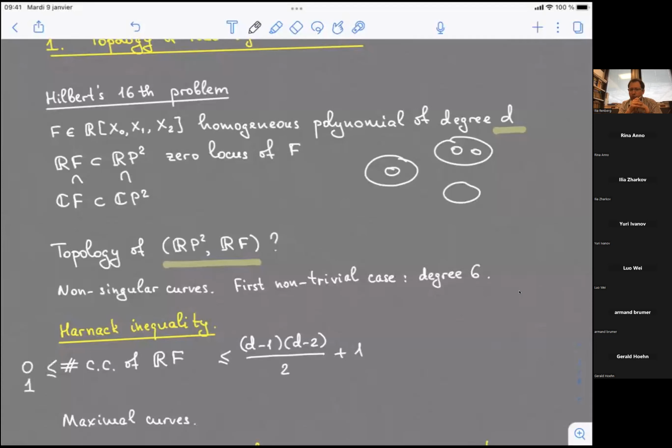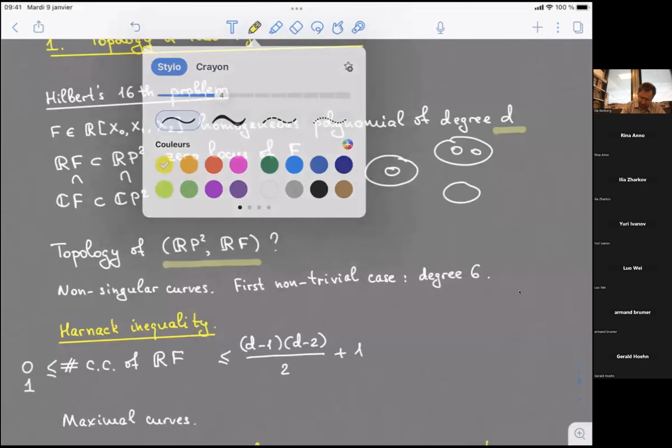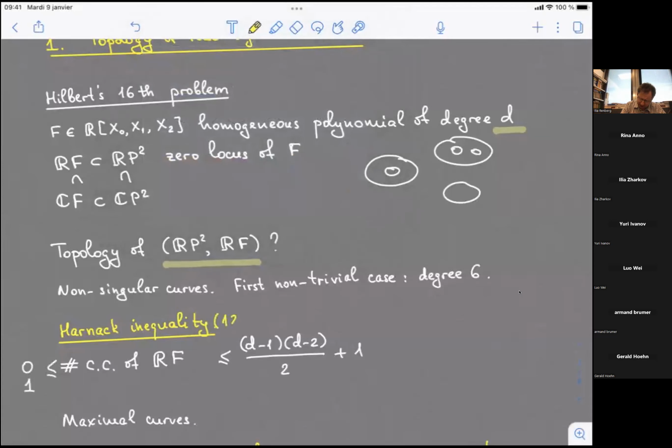You can easily prove it just walking in the space of all curves of given degree. So the question about the topology of the real point set of a non-singular curve of given degree in RP2 was settled by Harnack. By the way, it's 1876.